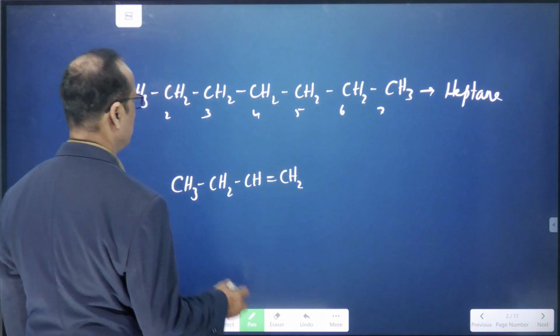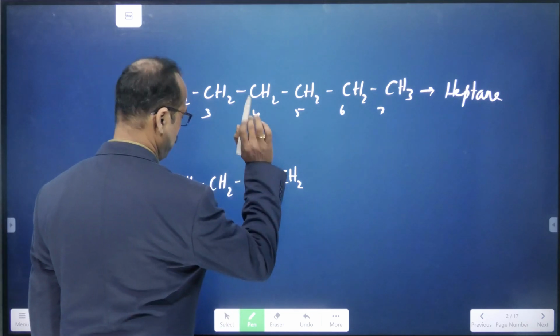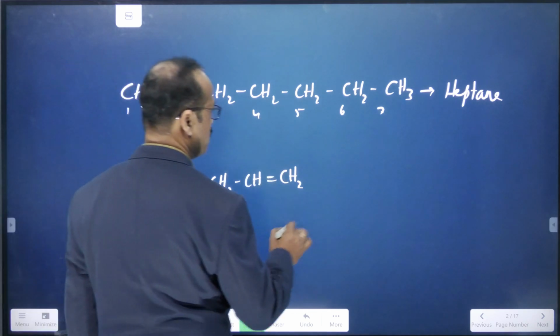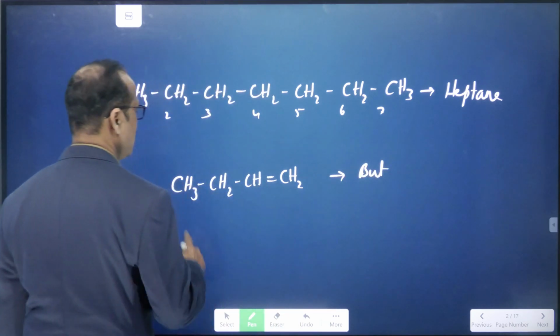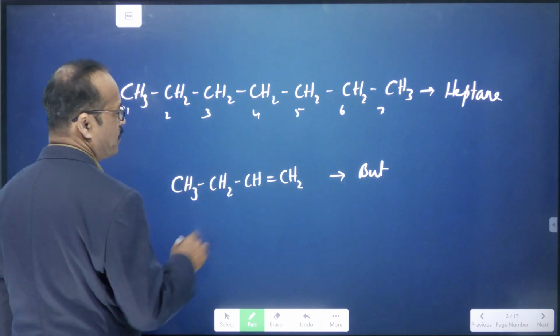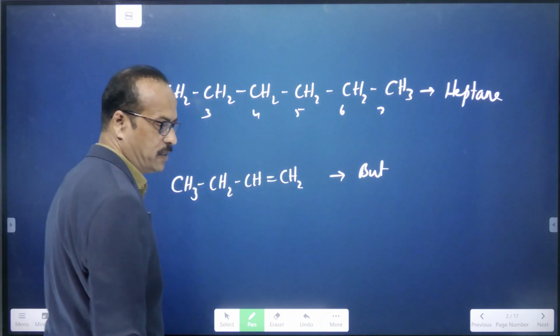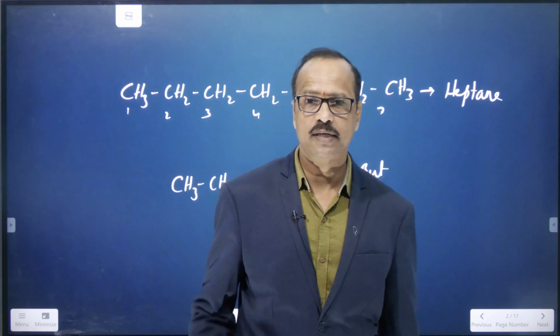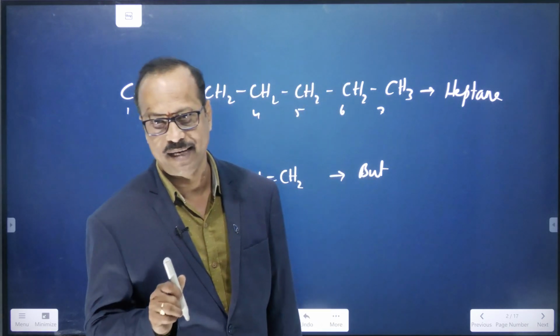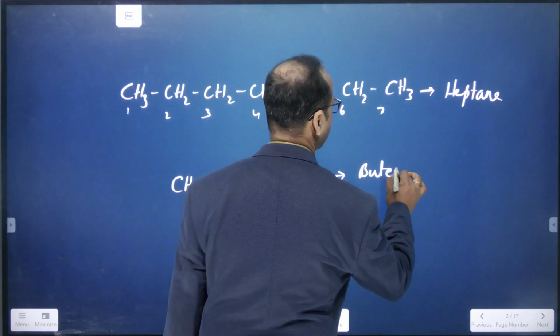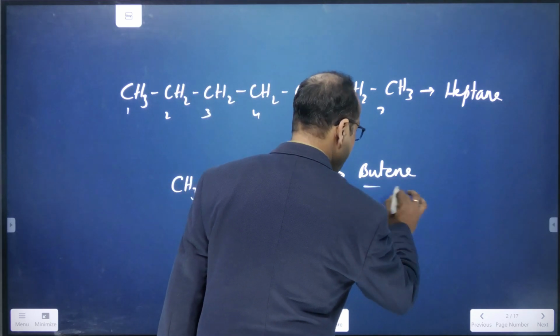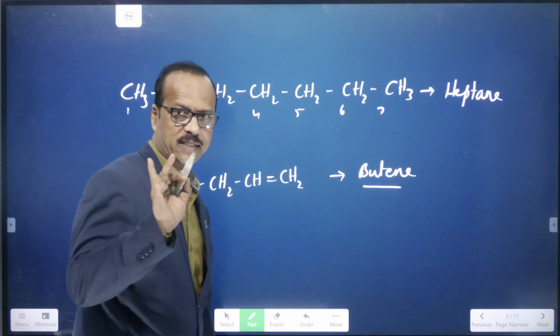Here also I do the same thing: 1, 2, 3, 4, four carbons are there, so the root word becomes but. Are there all single bonds? No, there is one double bond, and you know that a hydrocarbon in which at least one double bond is there is called ene, alkenes. So I write ene. Butene is correct, no doubt.